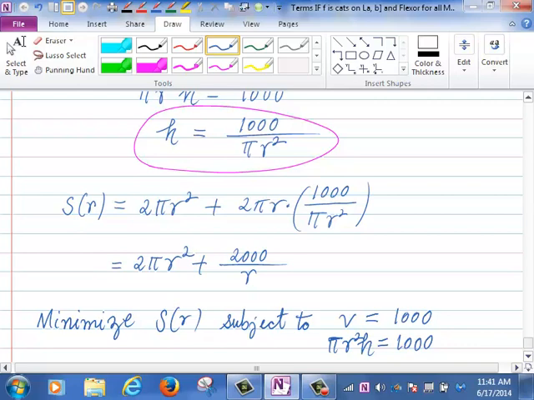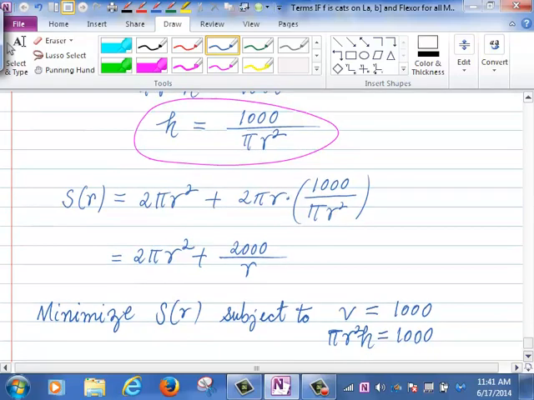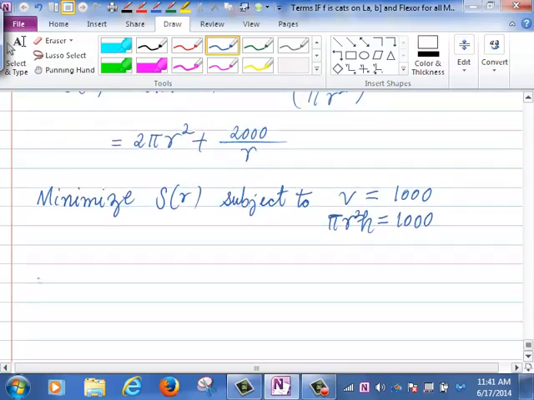Then h would be very, very tiny, but still the volume would be 1 liter. Am I making sense? So I can pick r to be anything I want as long as it's positive. If I pick r to be very tiny, like 0.1 centimeter, that would mean a really narrow cylinder, but the height is very long. It's a very long cylinder. Am I making sense?